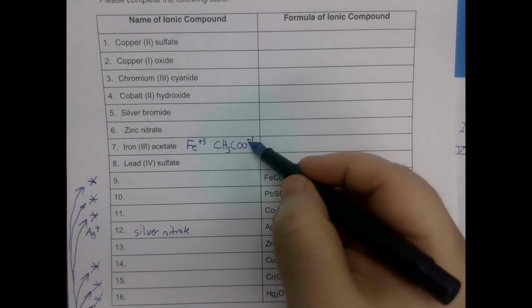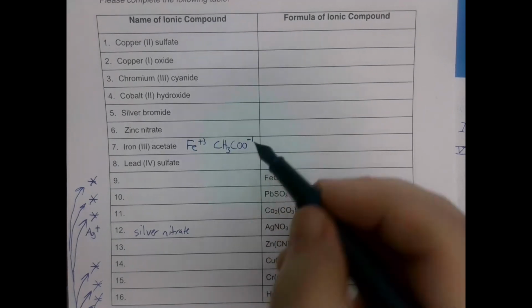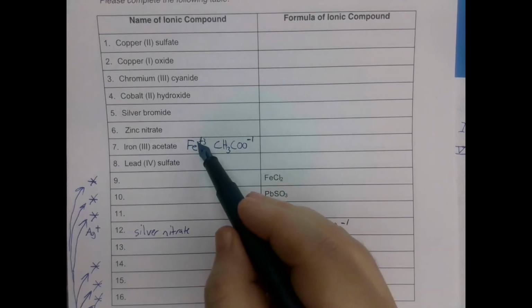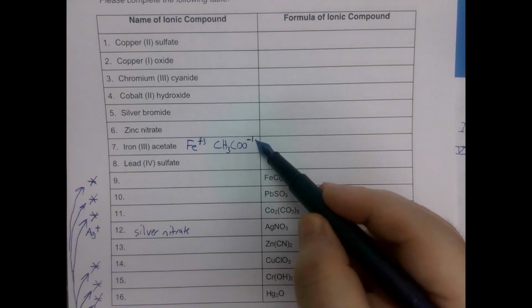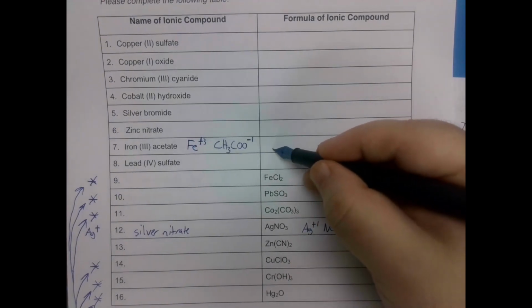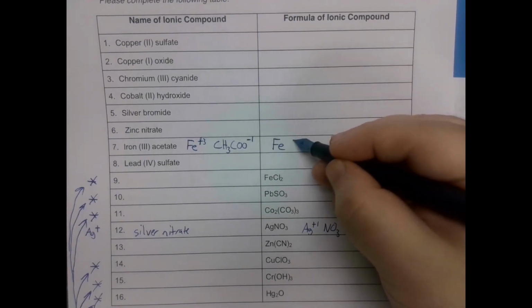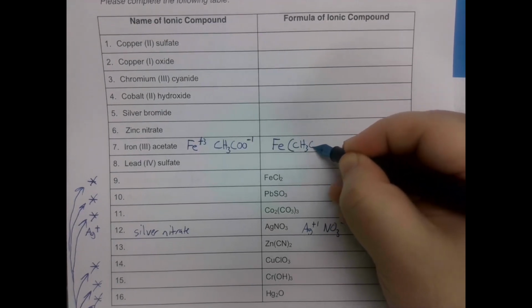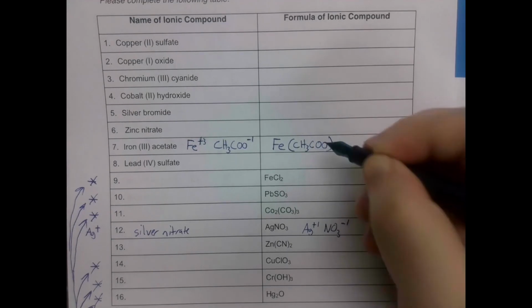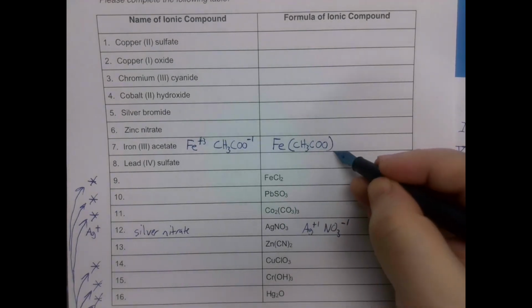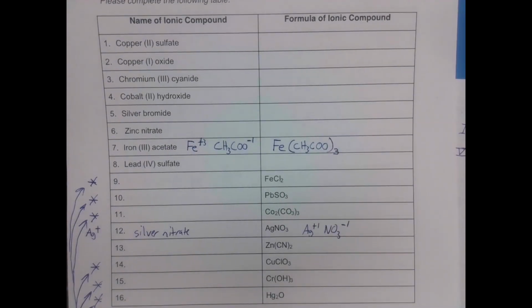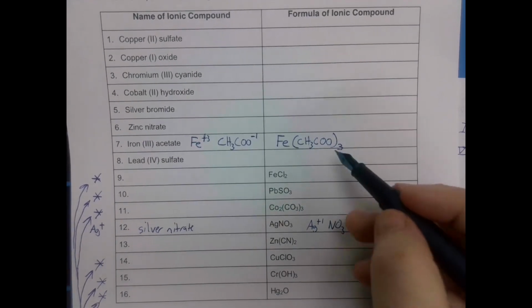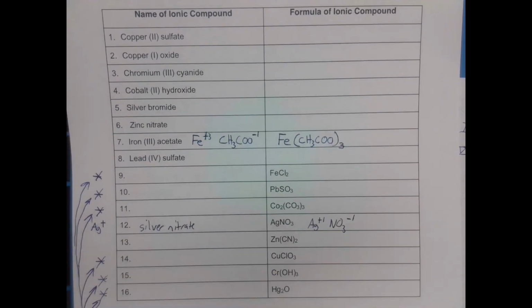We write Fe, and in parentheses put CH3COO, and we need 3 of them, so we put a 3 right here. So this is the formula for iron(III) acetate. Not to be confused with iron(II) acetate.